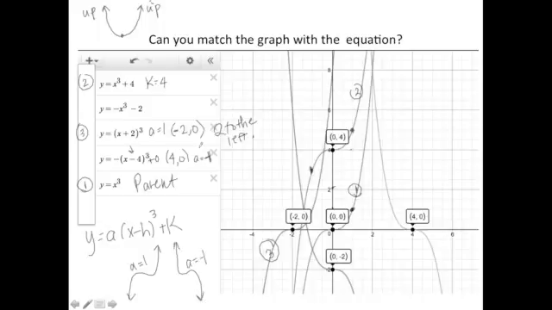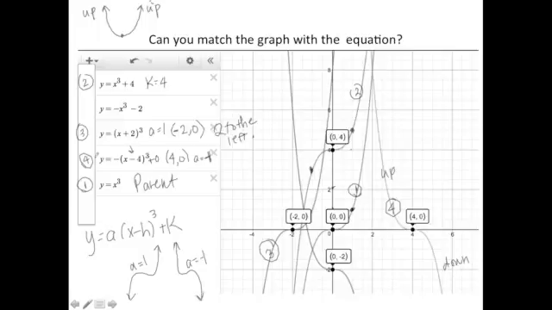So I need to be looking for a graph that goes up, down, and I need to be looking for a translation of 4 units to the right. So my turning point right here of 4, 0, and if you will see, this is up, down. Okay, so this one I will label as number 4, ironically, 4.